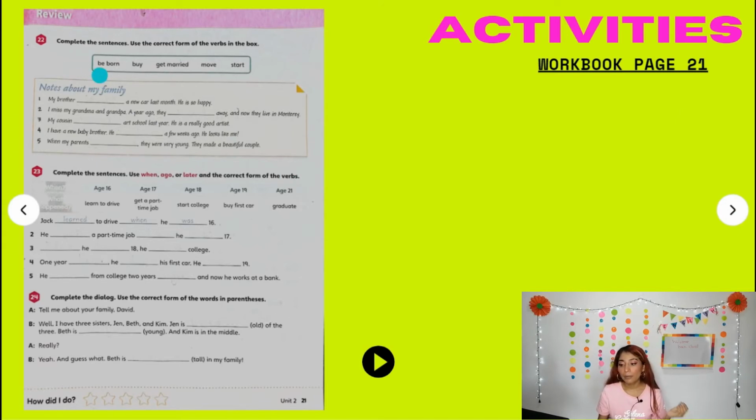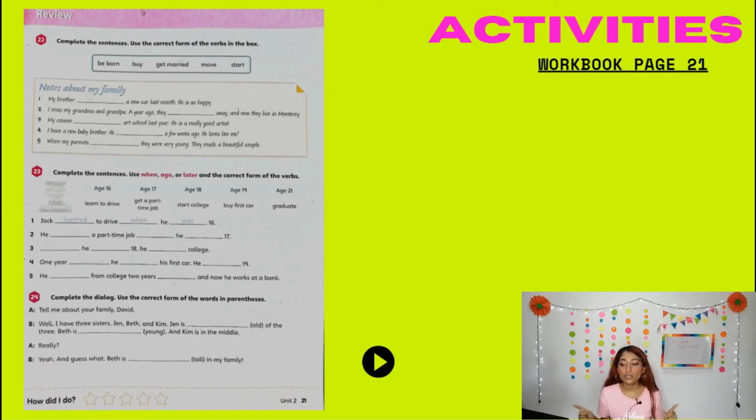Like, for example, be born, buy, get married, move, and start. It means that we are going to say was born or were born, bought, got married, moved, started, okay? Add ed, or if it's an irregular verb, you need to change it.